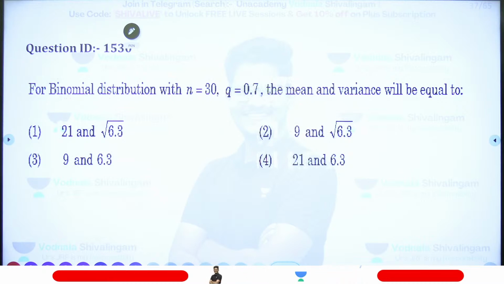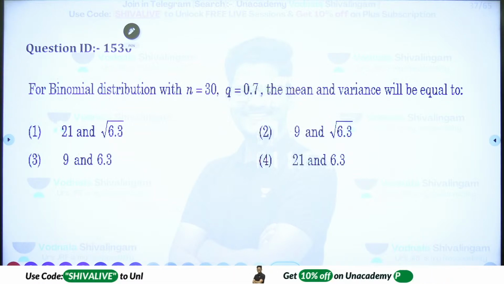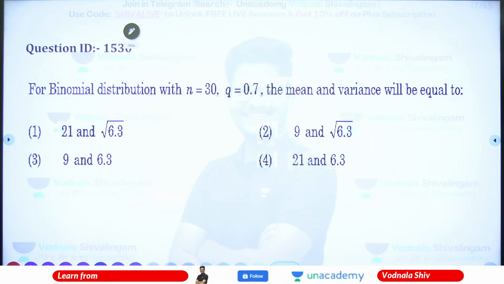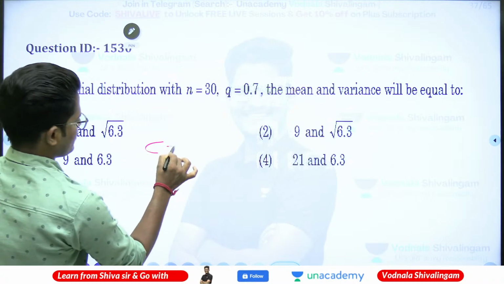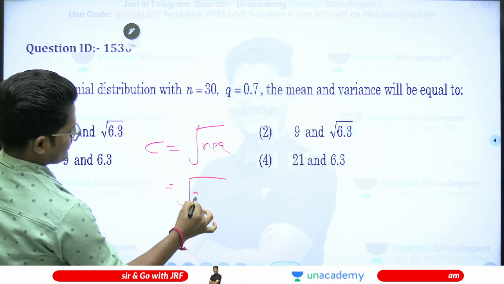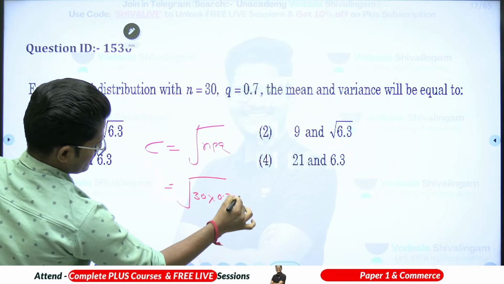Next. Binomial distribution, n equal to 30, q equal to 0.7. The mean and variance will be. The formula is, standard deviation is equal to under root npq. So n is given as 30. p is 0.7, which means q is 0.3.